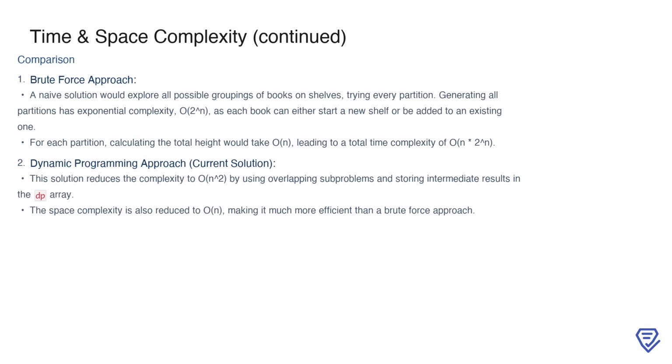For each partition, calculating the total shelf height would require O(n) operations, leading to an overall time complexity of O(n * 2^n). In contrast, our dynamic programming solution optimizes the process by solving overlapping subproblems and storing intermediate results, reducing the time complexity to O(n^2). The space complexity is similarly reduced to O(n), making it far more efficient overall.